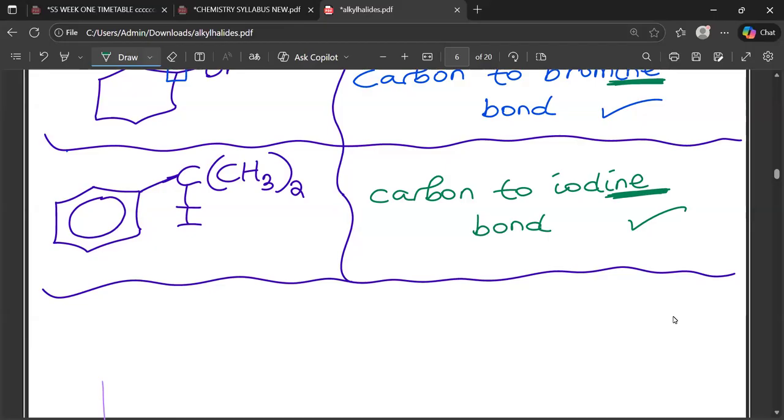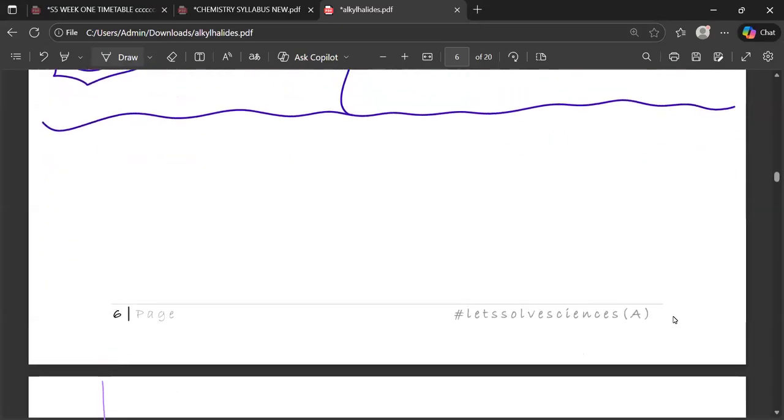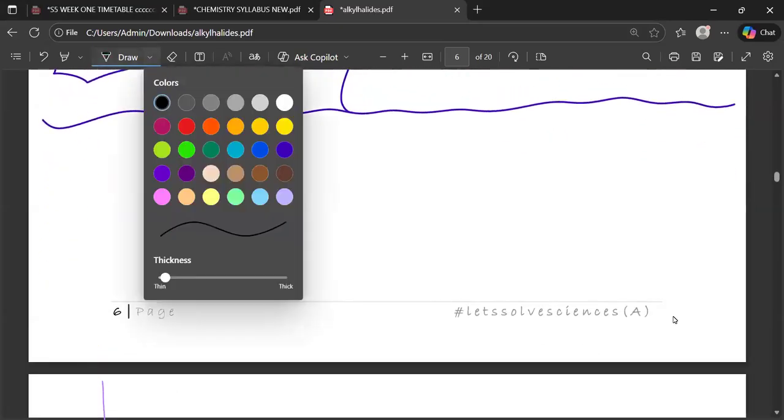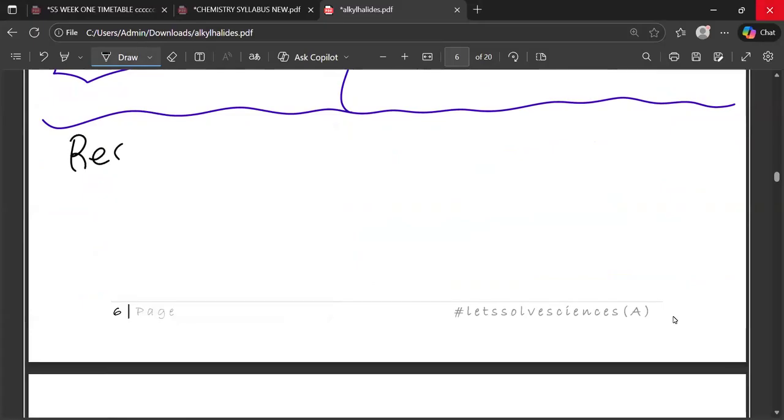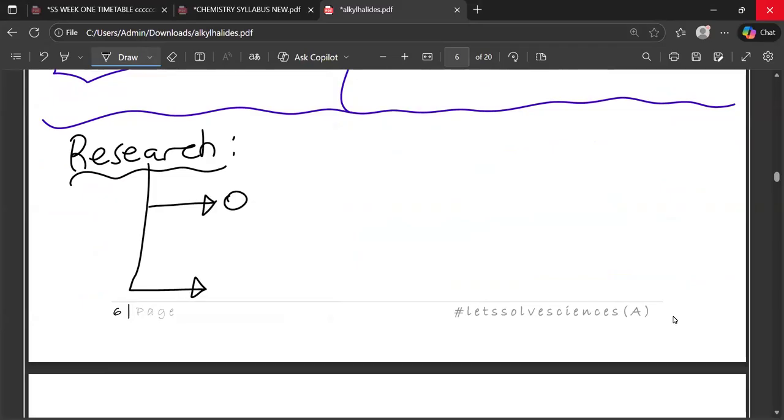Very important. Now, as usual, you all know that I always give you some research work immediately after we talk about this. And what is always that research work? It is about the occurrence and sources. When I say occurrence, I mean their occurrence in what? In nature.